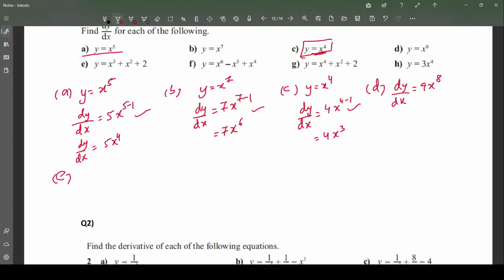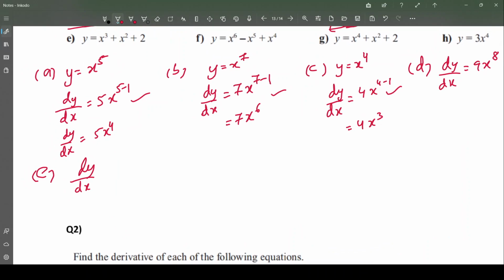So the E part is, if I differentiate the function y with respect to x, individually we have to do it. This is x cube, so 3 will come in front and 3 minus 1 is 2. Same way, this is x square, individually I'm doing, so 2 will come in front and 2 minus 1 is 1.